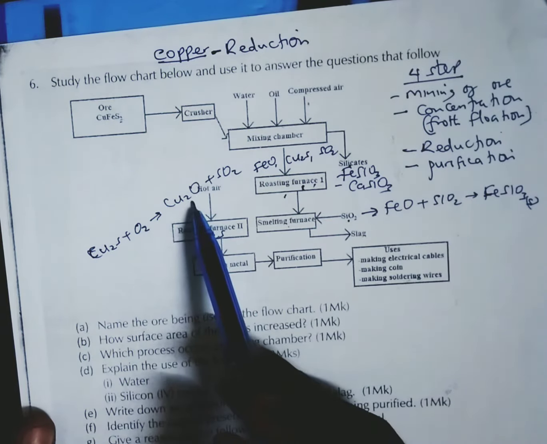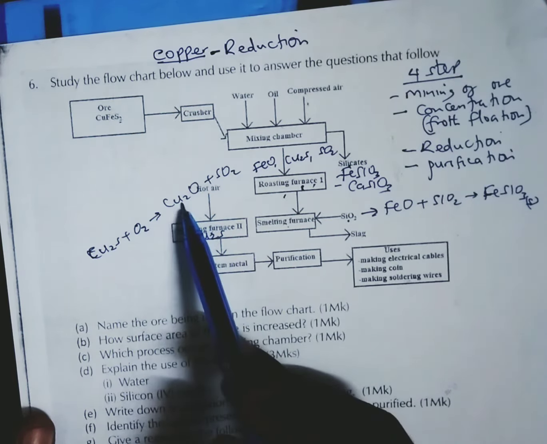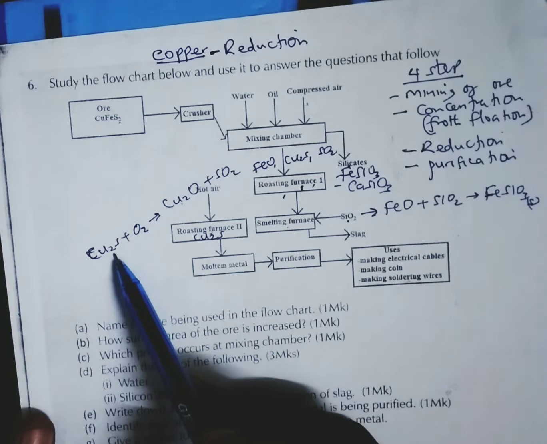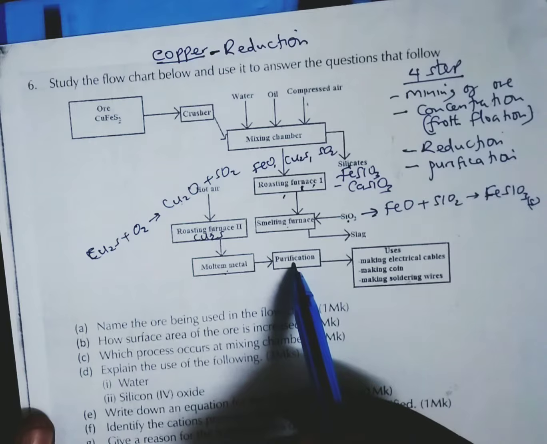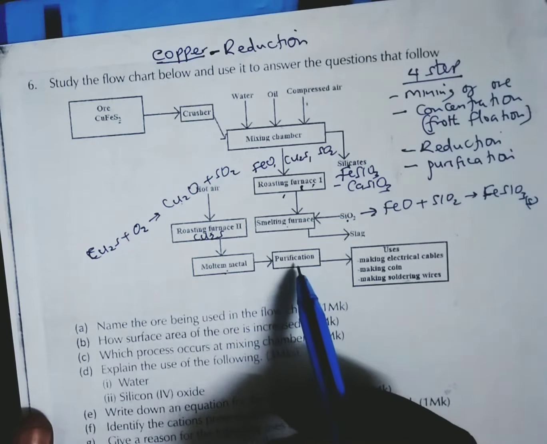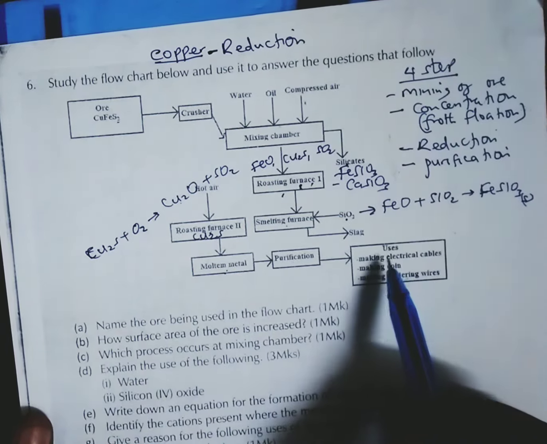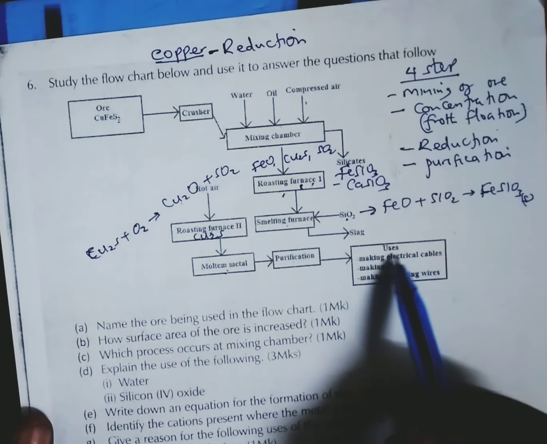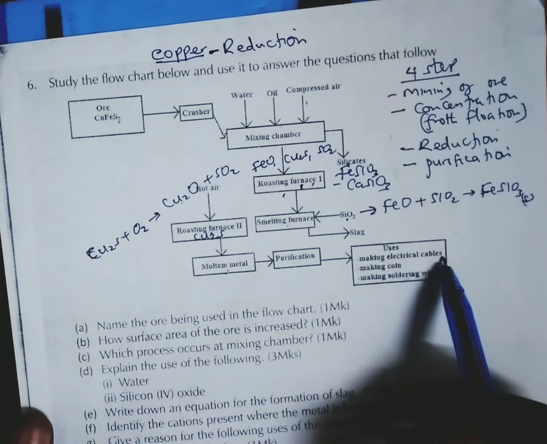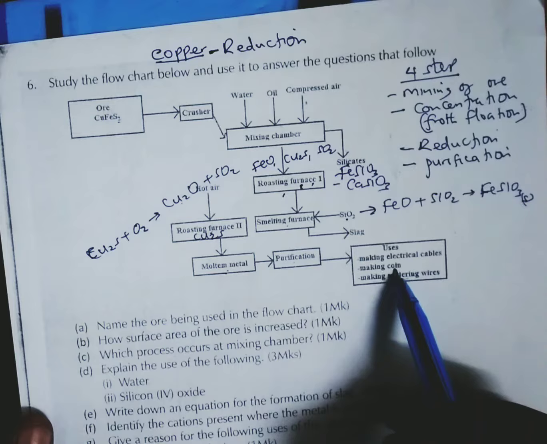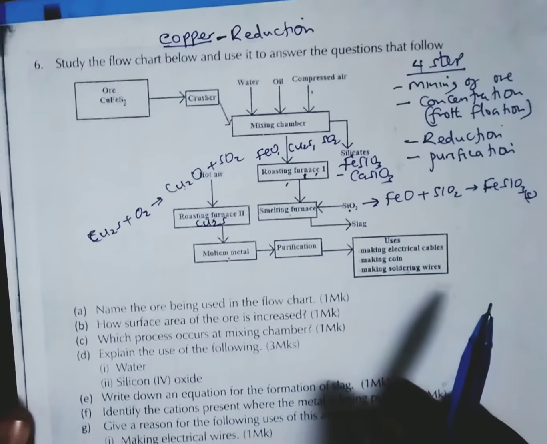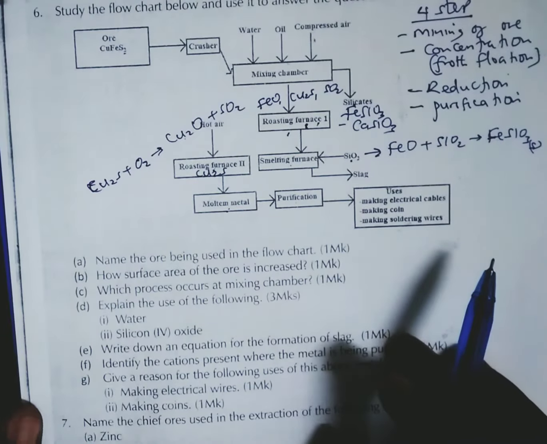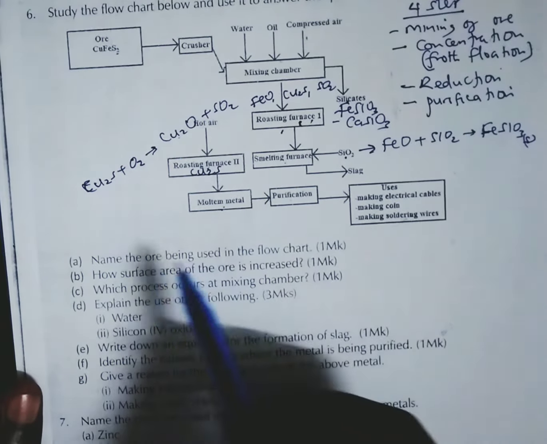Copper 1 oxide reacts with unconverted copper 1 sulfide to give us copper metal. Then copper metal is purified to give us pure copper metal. Lastly, we have the uses of copper, that is making electrical cables, making of coins, making of soldering wires. So let us go through the questions and see what the questions are requiring us to do.